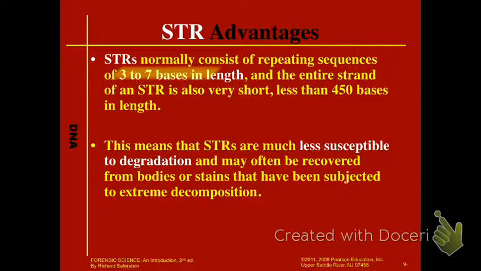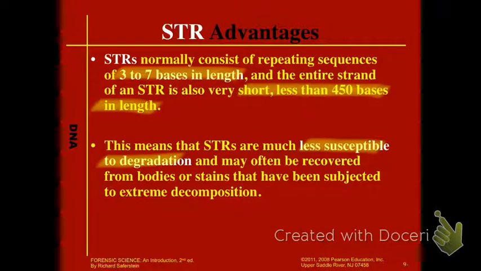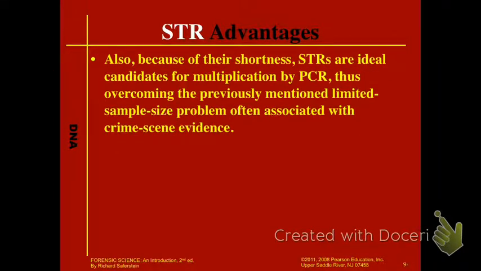These are only 3 to 7 bases in length, and the entire strand is less than 450 bases in length. Because they're smaller, they're more compact, they don't break down as easily, and they can be recovered from bodies that are extremely highly decomposed. They're also easier to amplify by PCR.